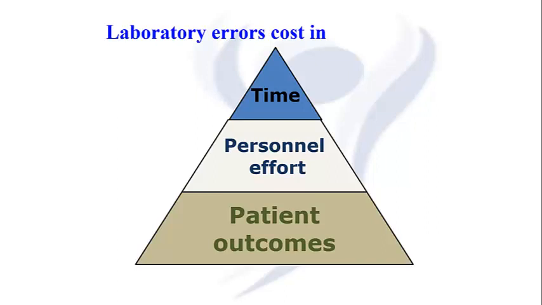Unnecessary treatment complications, failure to provide the proper treatment, delay in correct diagnosis, additional and unnecessary diagnostic testing. These consequences result in increased cost in time, personnel effort, and often in poor patient outcomes.